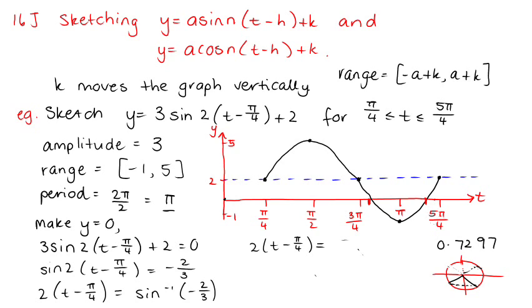So we know that this angle in here is 0.7297 radians. This down here is pi plus the angle, and this one is 2 pi minus the angle. So all you have to work out is pi plus 0.7297 and 2 pi minus 0.7297.